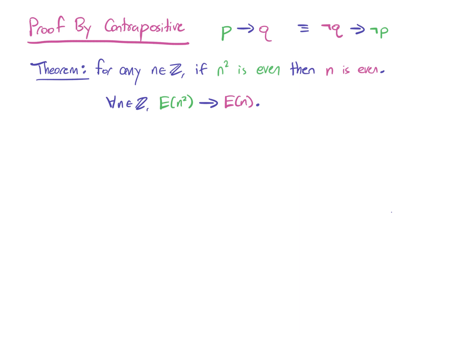So instead of proving my original statement, for all integers n, n squared being even implies that n is even, I'm going to prove the contrapositive, which says for all integers n, not E of n, n is not even, implies not E of n squared. N squared is also not even. So this is the contrapositive.